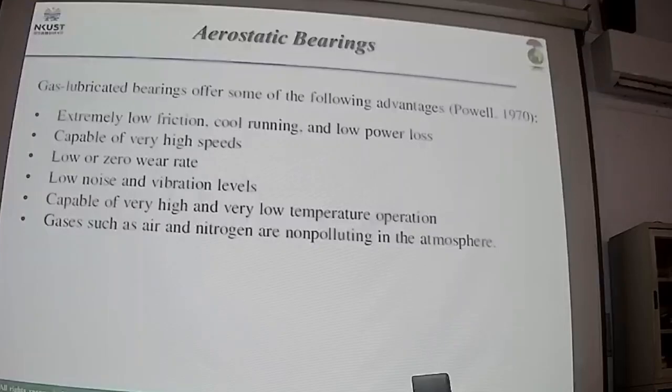So in that case, if you need to run at very high speed, for example, for our PCB air spindle, you need to run at 500,000 RPM, then you need to use air bearing instead of a hydrostatic bearing.